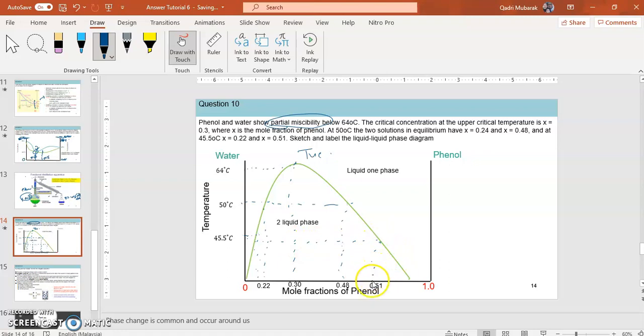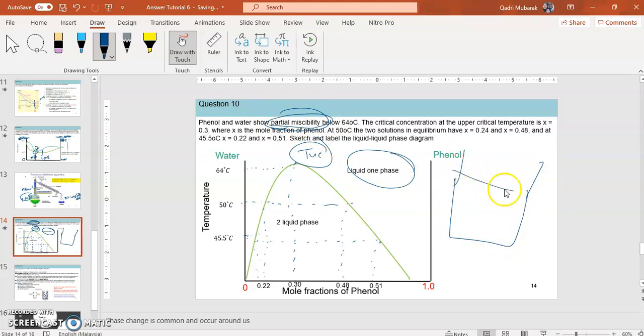It means that above the TUC we have liquid in one phase. However, in this region we have two liquid phases because it is partially miscible. Partially miscible means that in one container at a certain temperature and pressure, we can see two distinguished layers.